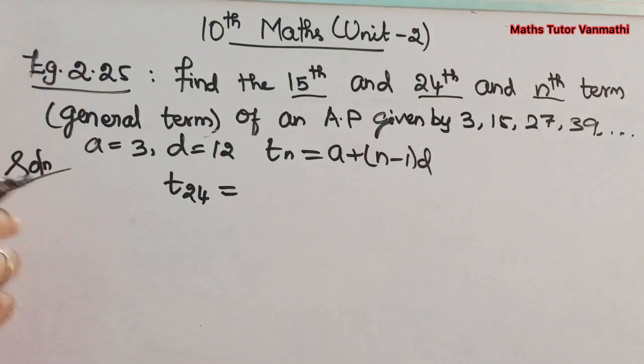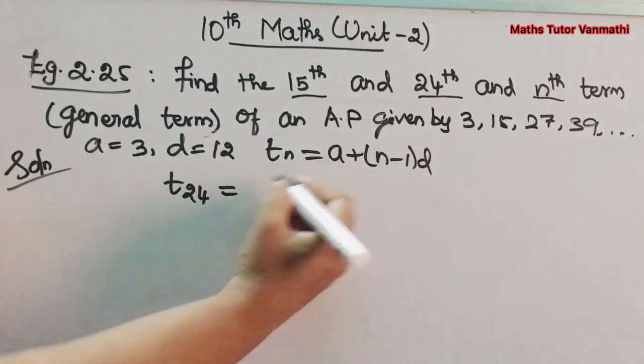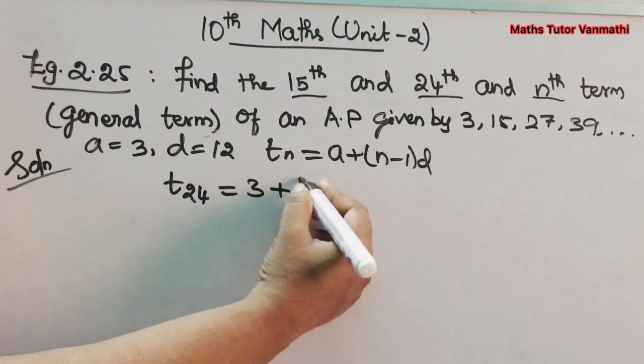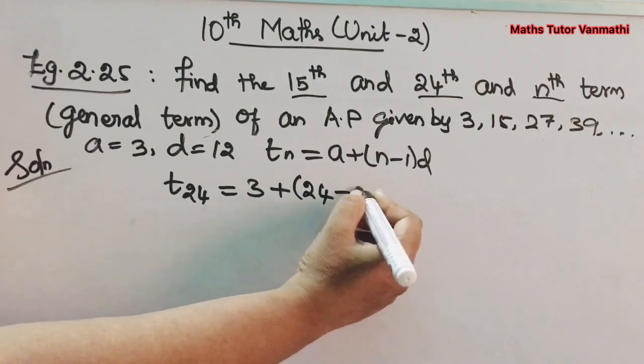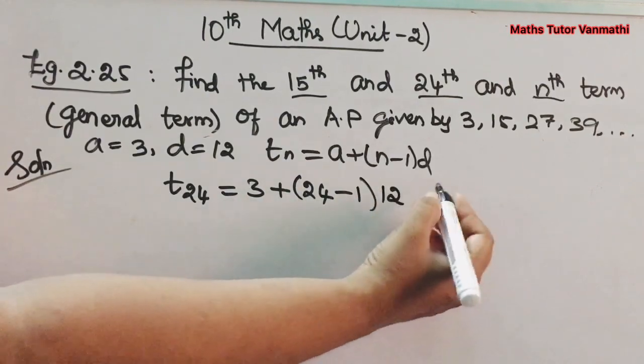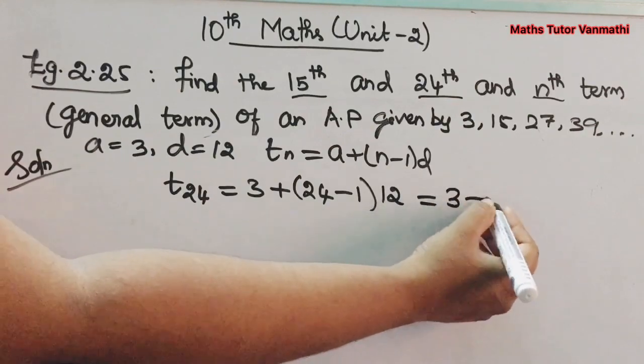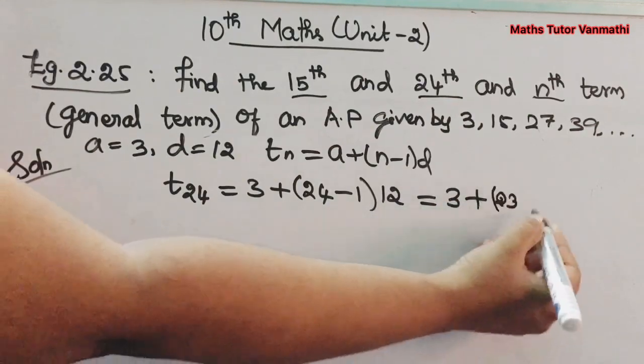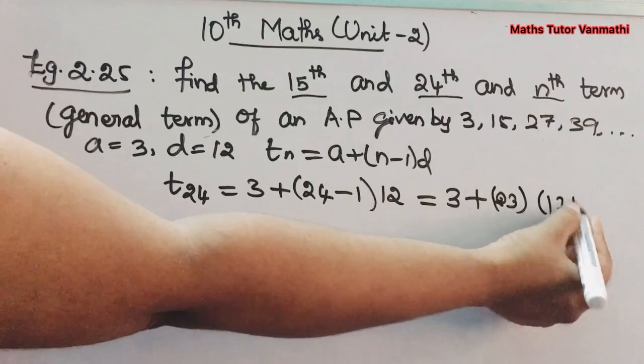We are going to find now T24. So, what is your A? 3. N is 24 minus 1. What is your D? 12. Solving this, you will get 3 plus 23 into 12.